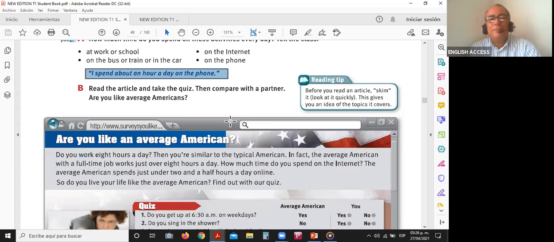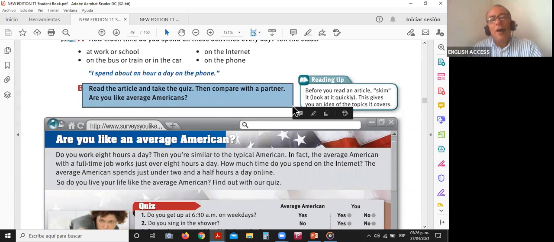Now here it says part B, read the article and take the quiz. Quiz is the questionnaire. It's like an exam. Then compare with a partner. Are you like average Americans?